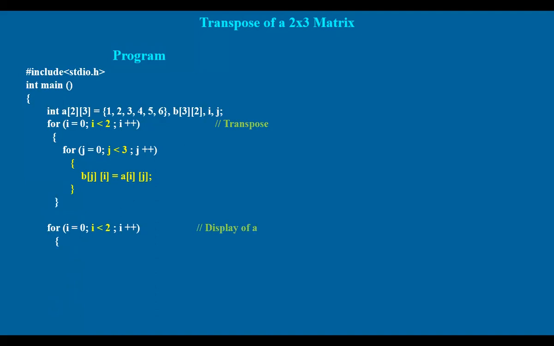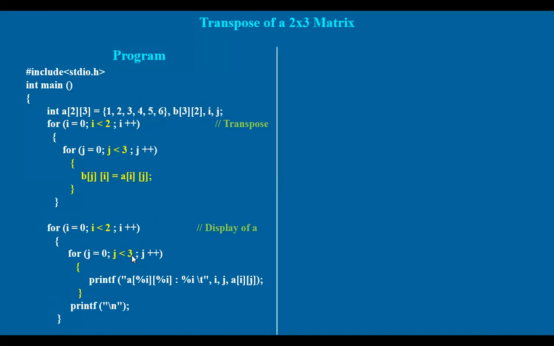And now we are going to display array A. Here we know that it has 2 rows and 3 columns, that's why I is taken to 2 and J to 3. So far so good. But when it comes to the display of B, B has 3 rows and 2 columns. That is the difference.